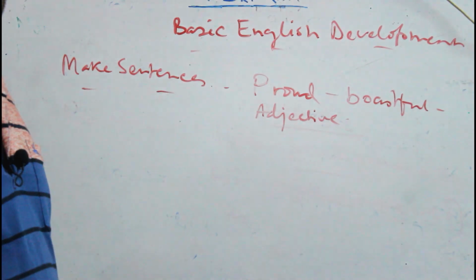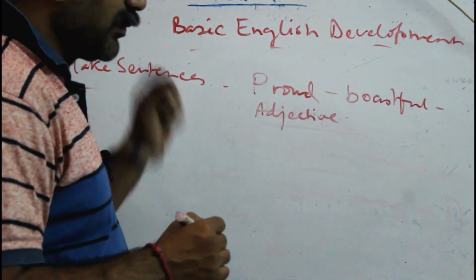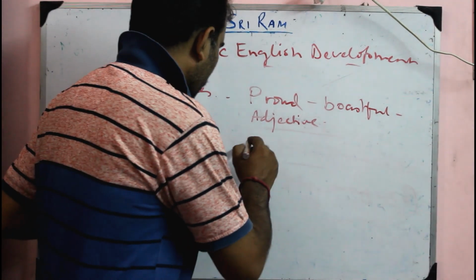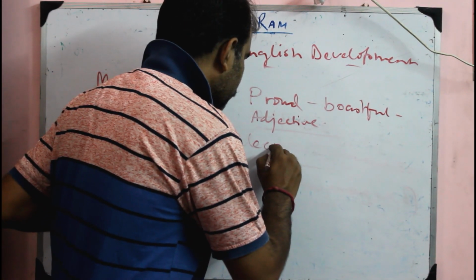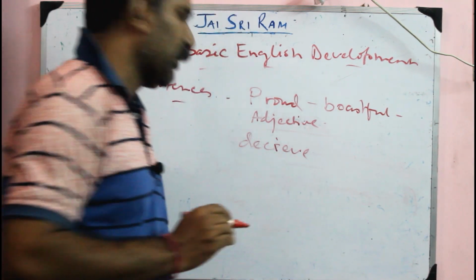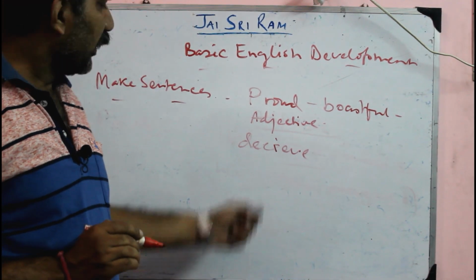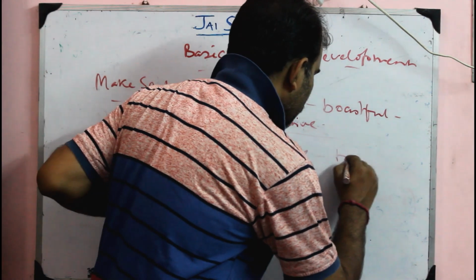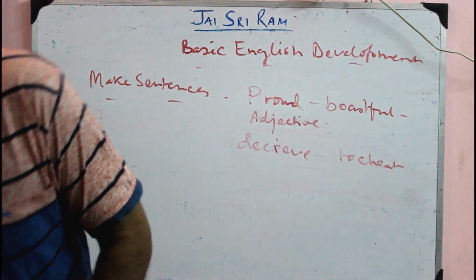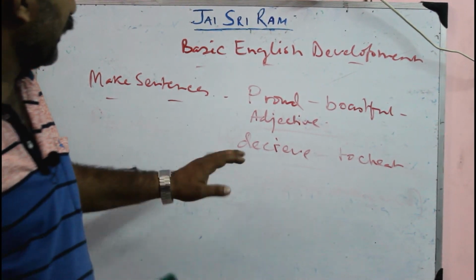and a sentence, and second, suppose another word is deceive, D-E-C-E-I-V-E, deceive. Deceive means to cheat, and again we were making a sentence with deceive.